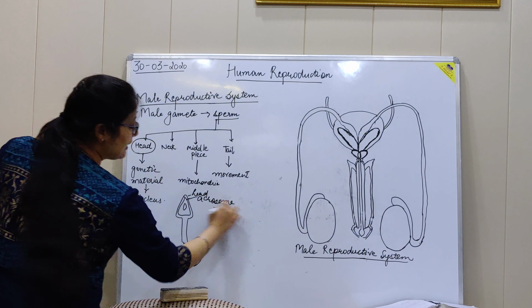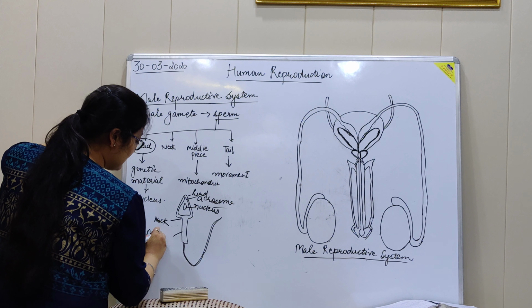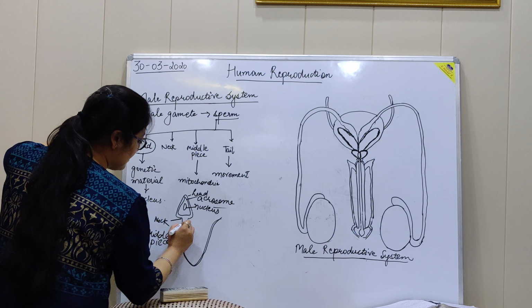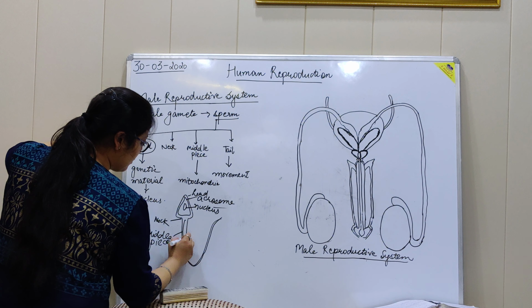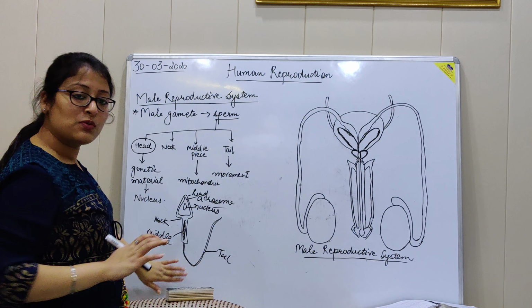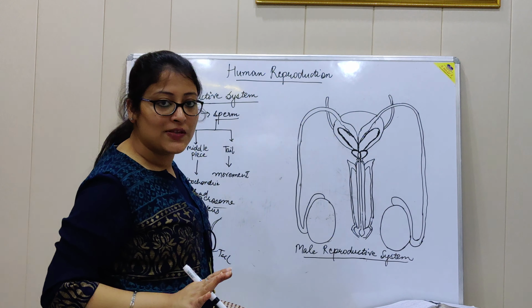This is the nucleus, this is the neck, the middle piece that consists of mitochondria, and this is the tail, responsible for the movement of sperm. Okay, this was the basic structure of sperm.